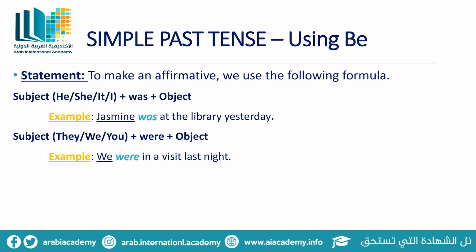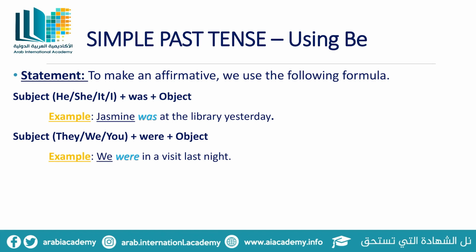In order to make a positive sentence or an affirmative sentence, we use the following formula. Simple past tense using the verb to be. If the subject is he, she, it, or I, we add was, then the object.